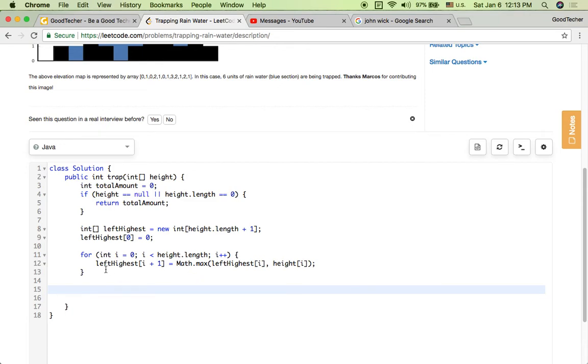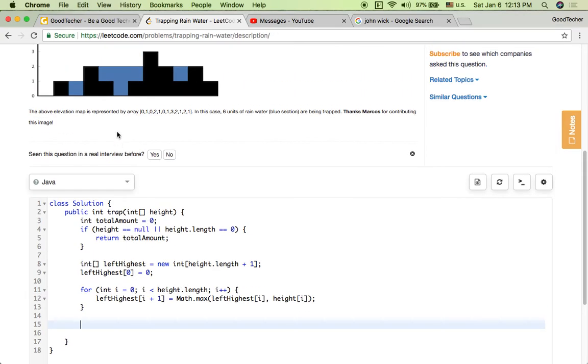Then after this loop, we are going to get the left highest value for all the bars.